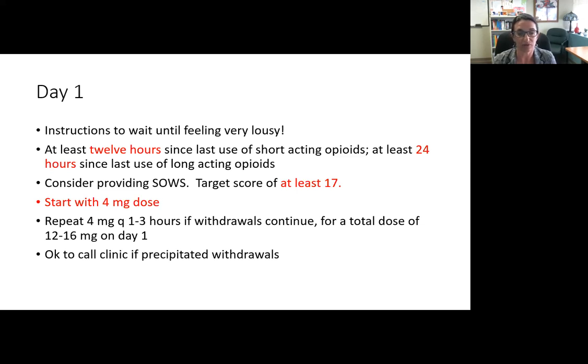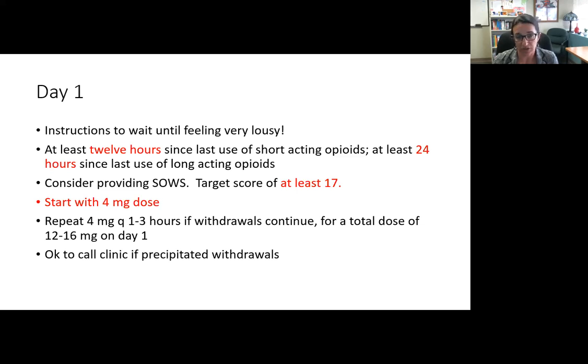It can make people withdraw more if they have too much of a full agonist like heroin or fentanyl on board. So we wait at least 12 hours since the use of short-acting opioids and at least 24, preferably, since the last of long-acting.